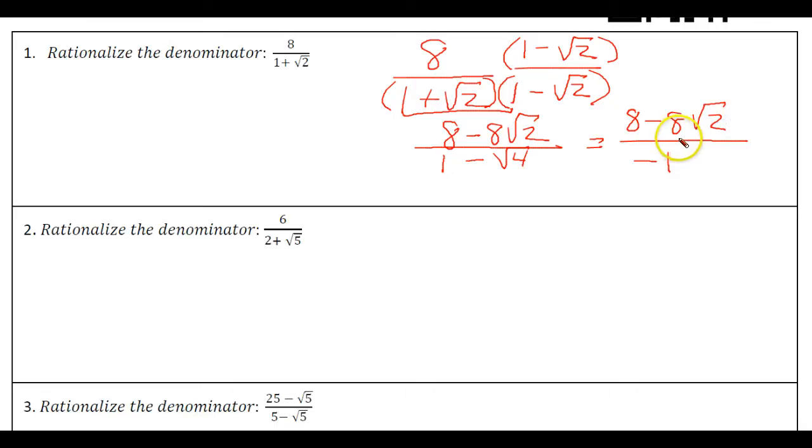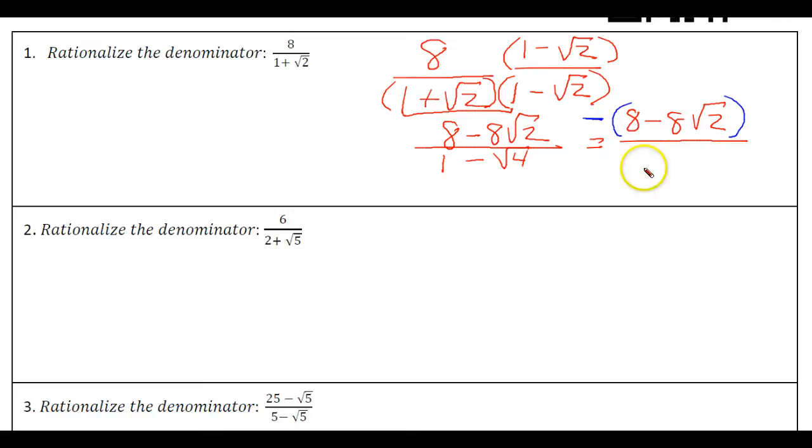But we don't usually want to have our denominator negative like this. So I can place that negative sign rather than here in the denominator, I can place it up there in the numerator. And then this is just a positive 1 that we can eliminate here.